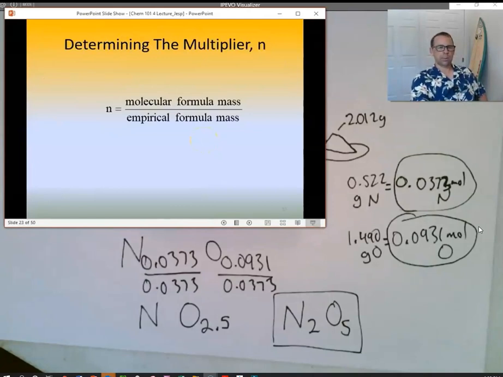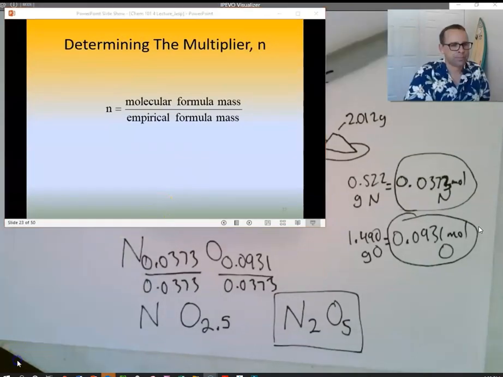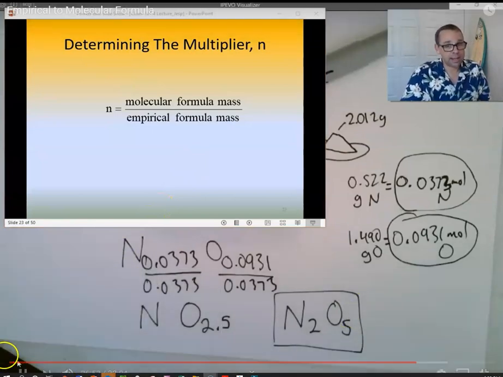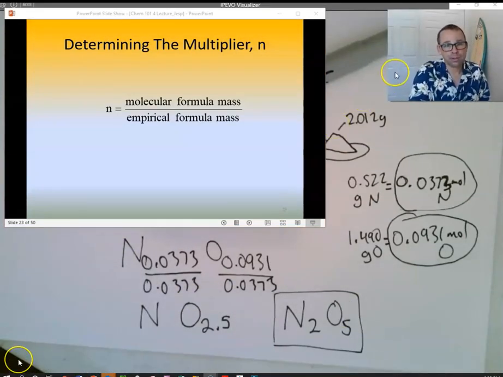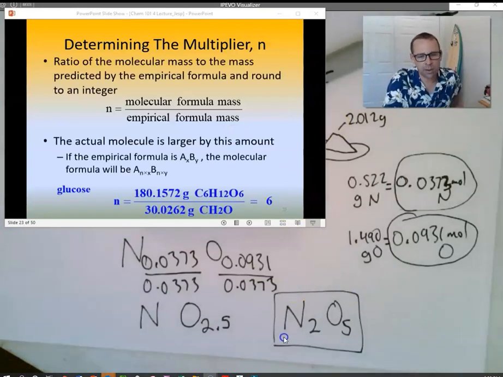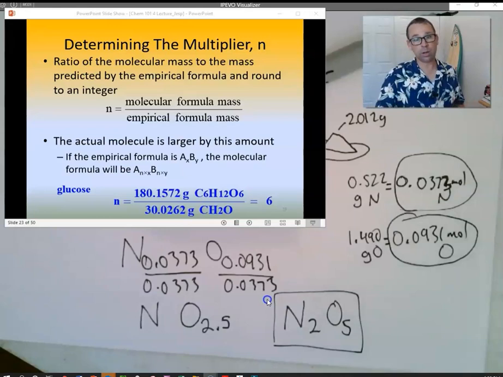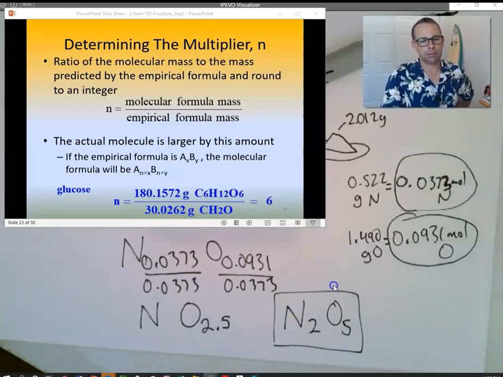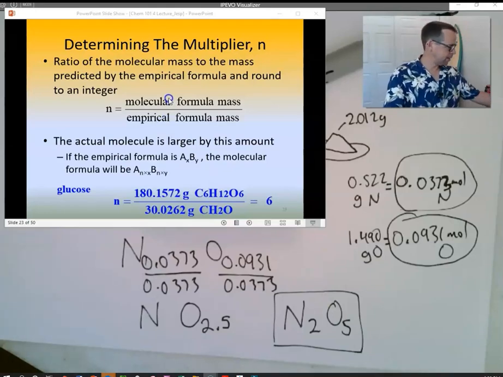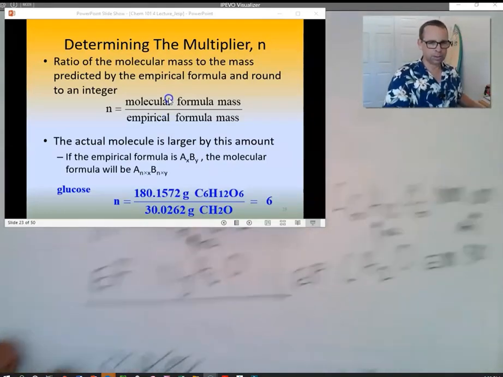Now, as we said before, the empirical formula is the simplest whole number ratio, but there's a multiplier between the empirical formula and the molecular formula.